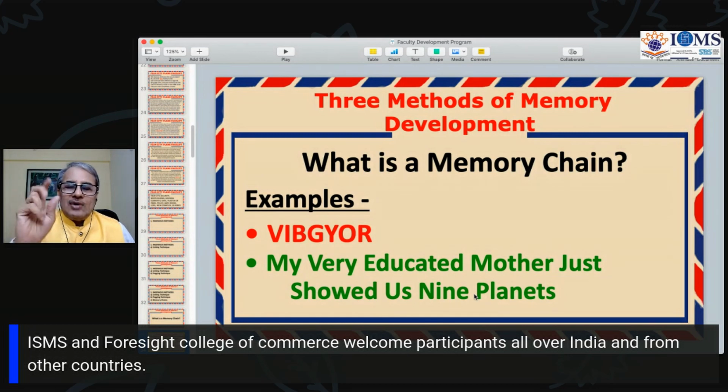If that primary school teacher had not told me Vib Gyor, even today I would not have remembered the colors in the same order. Can you see how creative the teacher was? Now, another example of a teacher who made things easy to remember. My very educated mother just showed us nine planets. It is a very interesting memory chain to remember the planets.